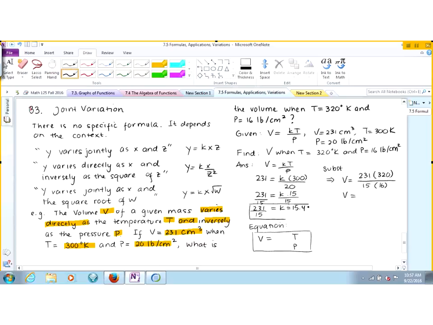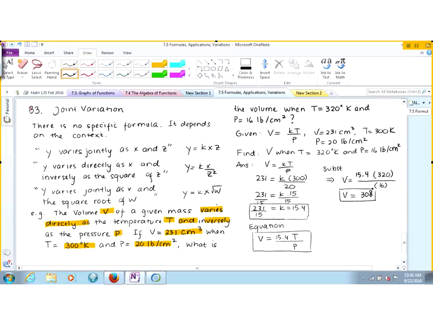You just use 15.4 C over P. But what I'm saying is you need to keep the exact value. Do not round in the middle. So 15.4 times 320 divided by 16. So yeah, it's 308.